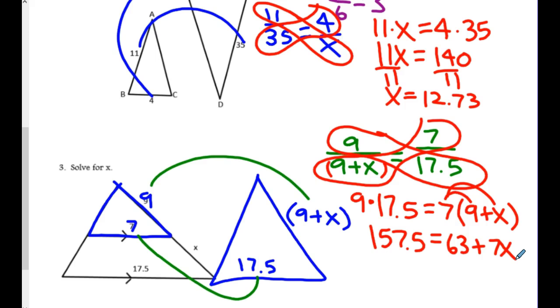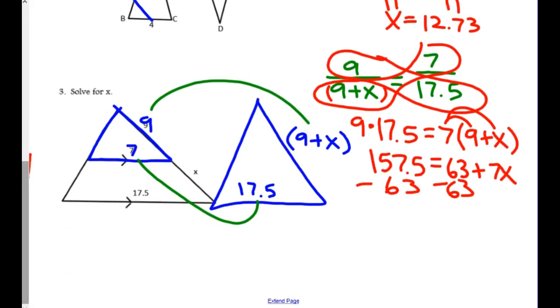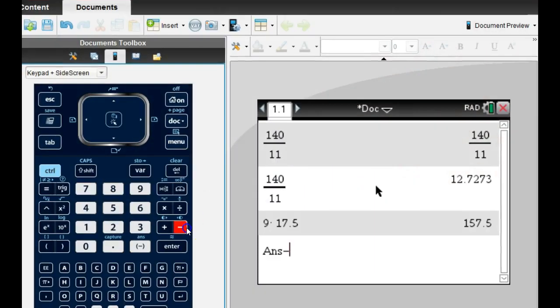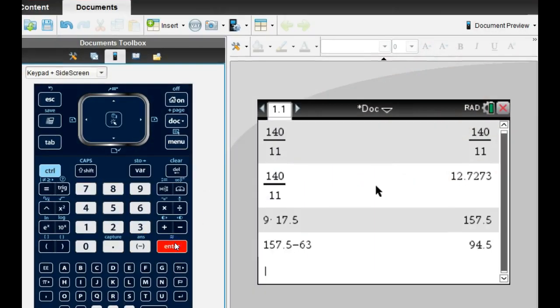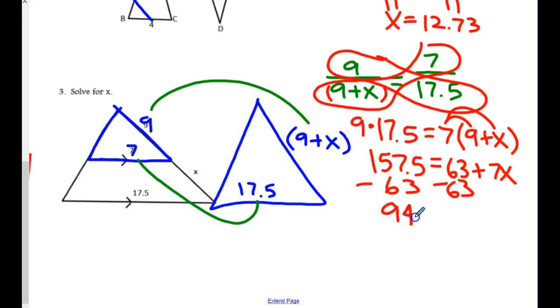Now, hopefully that looks somewhat familiar, because first semester we definitely solved for x a lot. And all you got to do is do a two-step problem. First, we get rid of, on the right side, which number? The loner is 63. So let's get rid of 63 by minus 63. Minus 63. 157.5 minus 63 is 94.5 equals 7x.